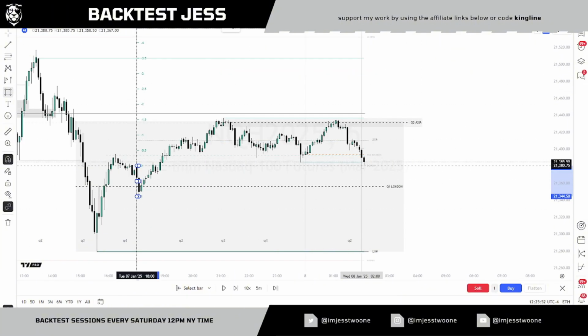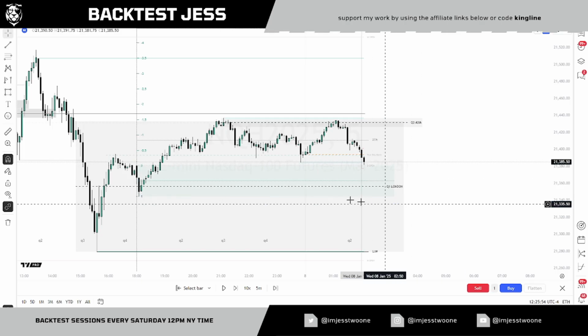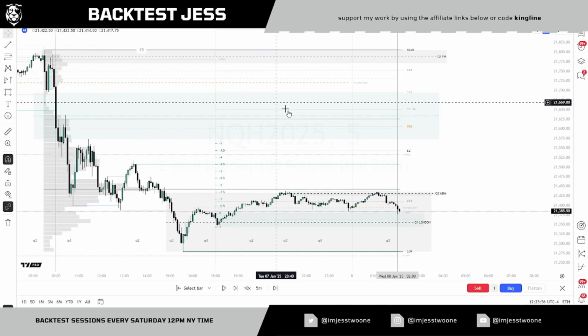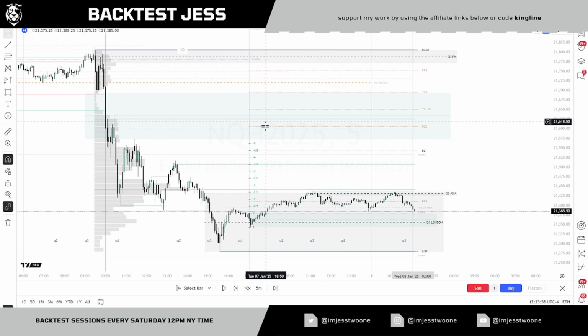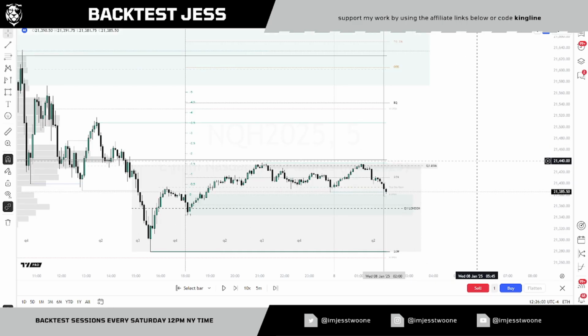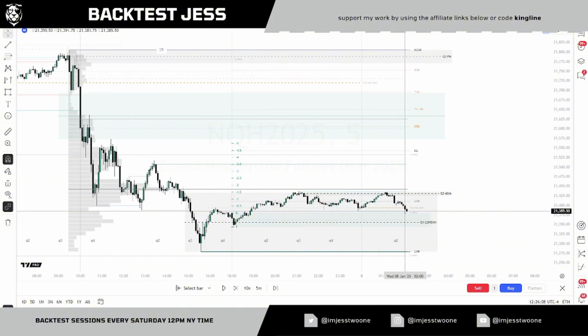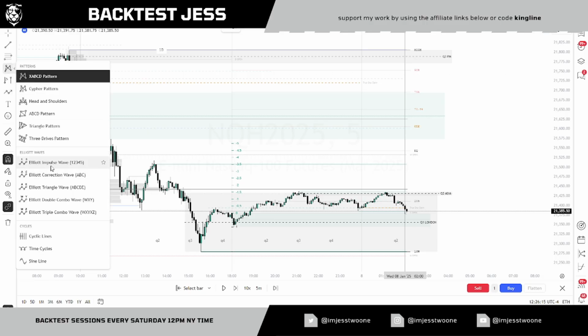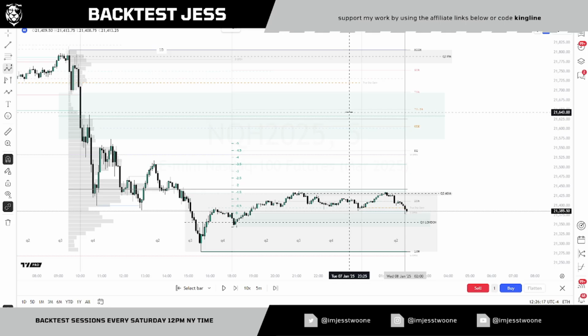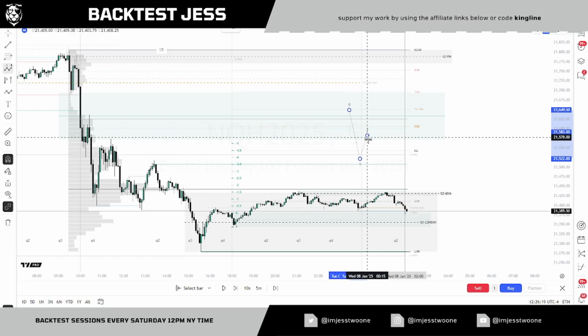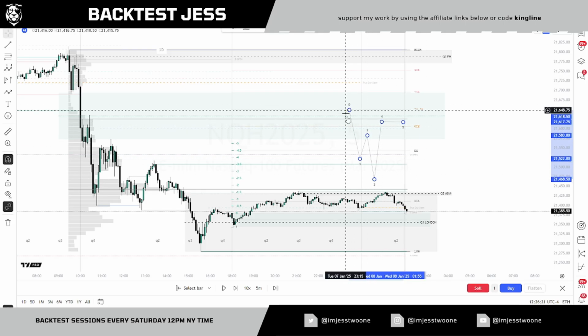Of course, we won't take any trades out of this, but this manipulation so far is holding. 5 deviations would bring us above EQ. 4.5 lines up with EQ, of course, but we are looking to get into OTE hopefully. And then once we get into OTE, we are looking for some sort of SBS to form out of here. So 1, 2, 3, 4, 5, something along the lines of that for lower.